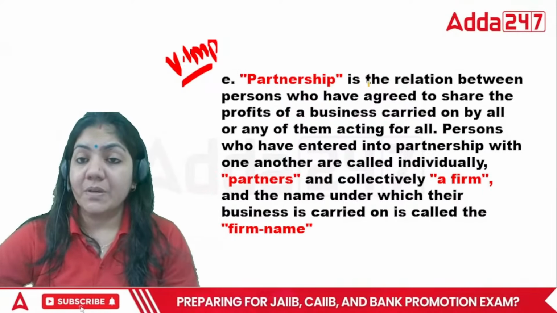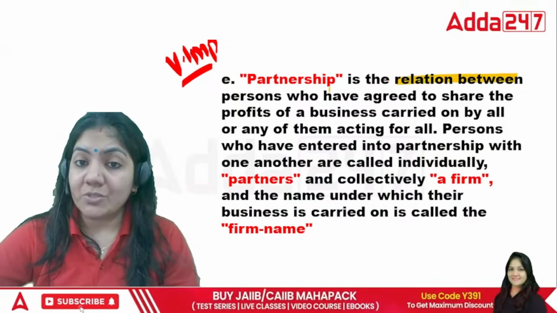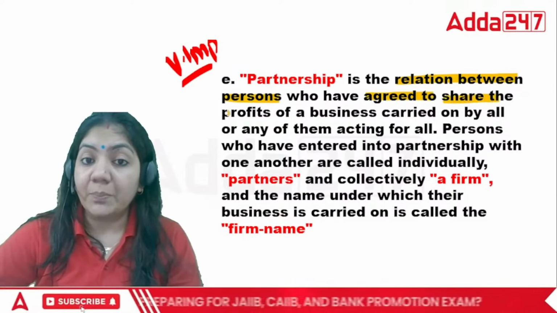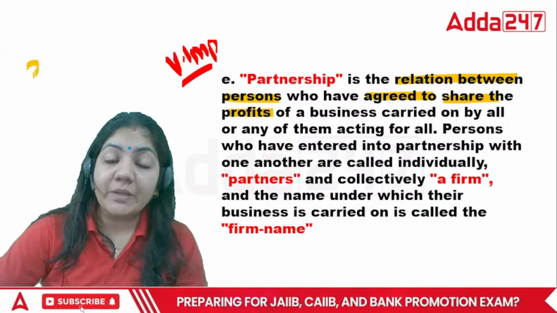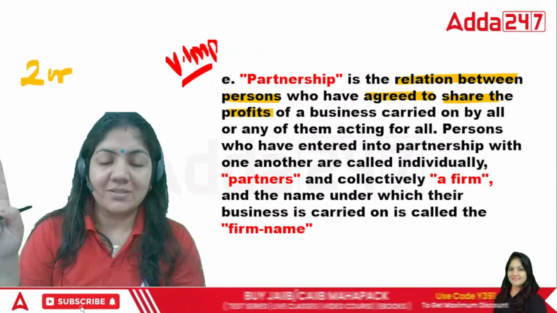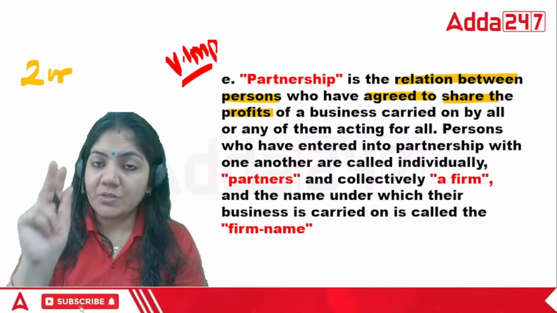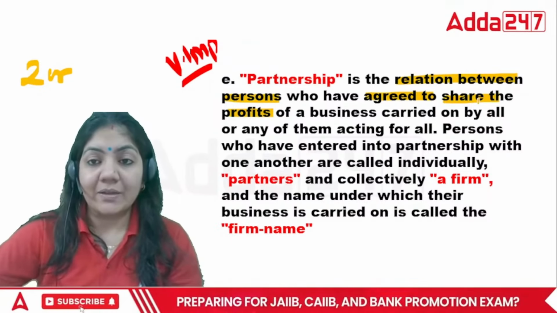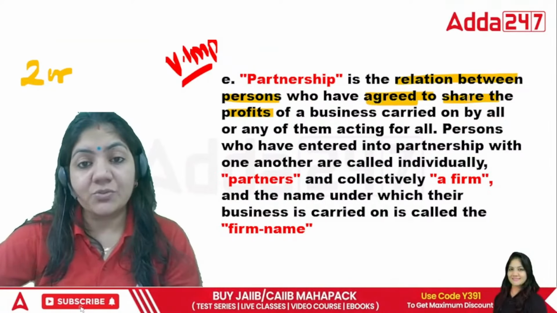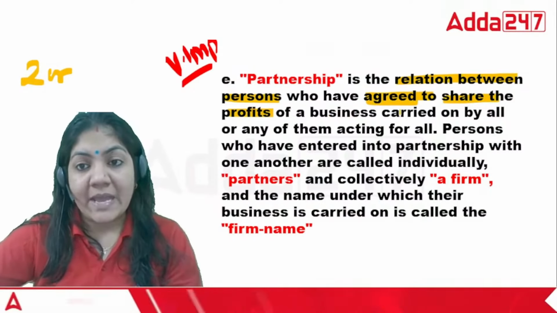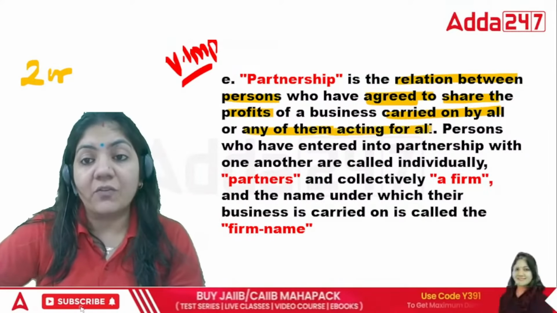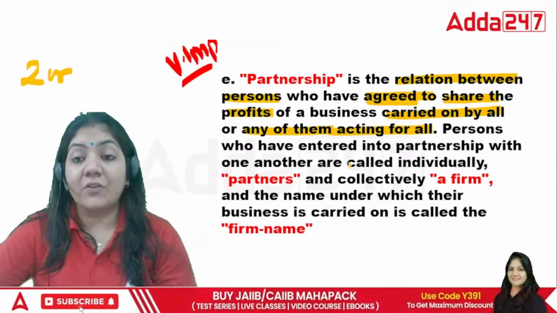Partnership is the relation between persons who have agreed to share the profit of a business carried on by all, or any of them acting for all. See class, there should be two or more partners. One person cannot start a partnership firm.